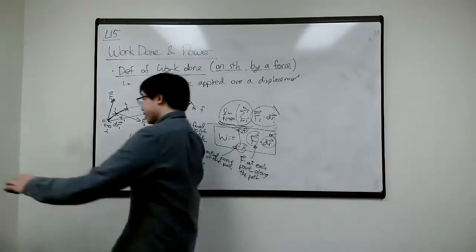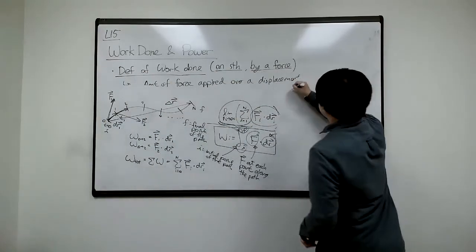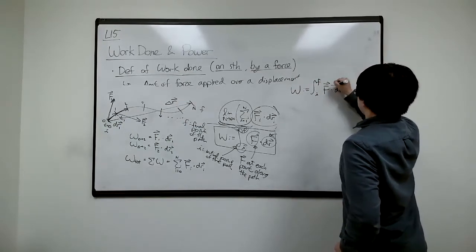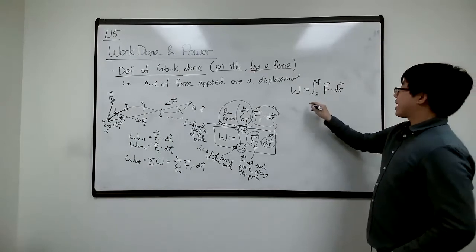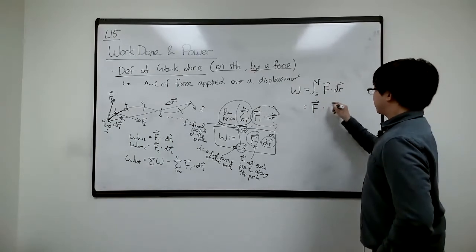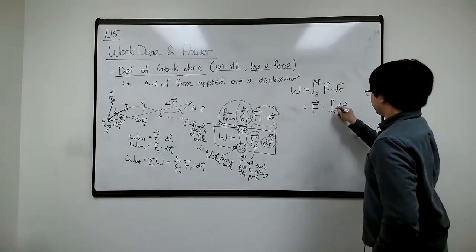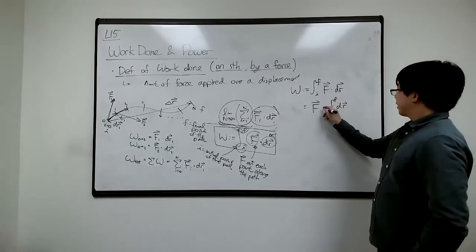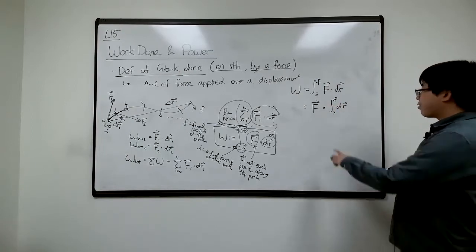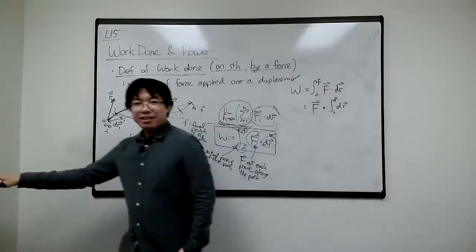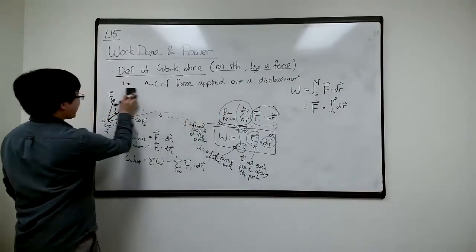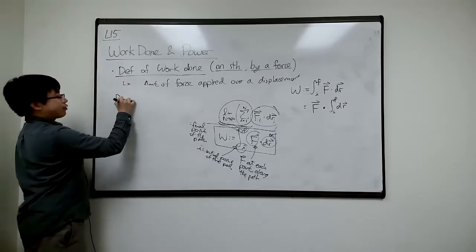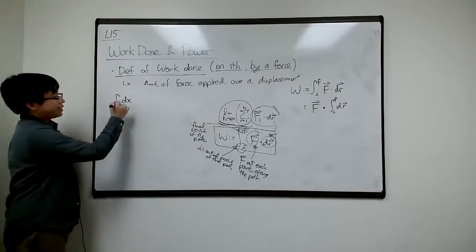Well, this is the general definition. But if F is a constant, you can pull that out. So you have F dot the integral of dr. How do you do this integral? At first you might be intimidated, but you can remember what integrating dx is.